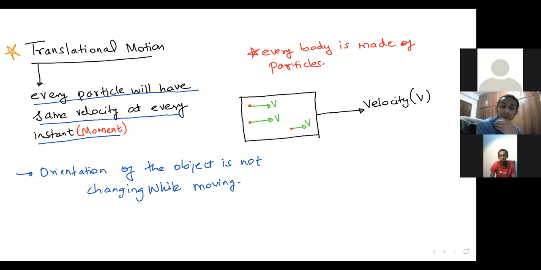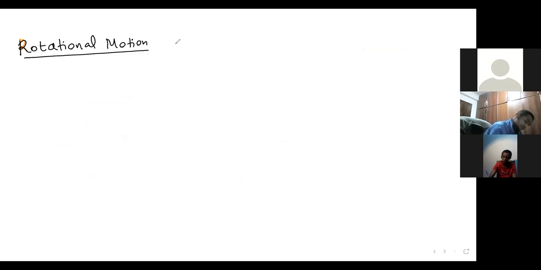Okay. So let's go ahead and understand what is rotational motion. Now, when I talk about rotational motion, you need to understand something.